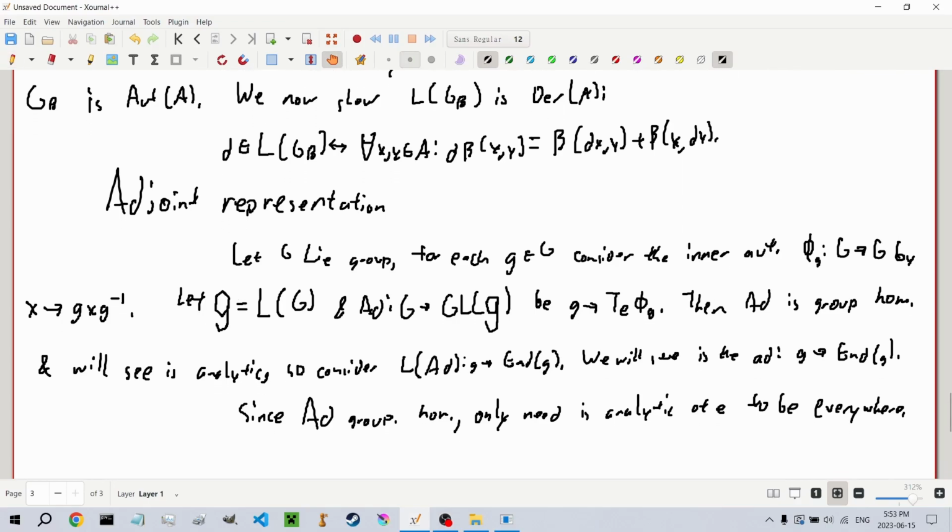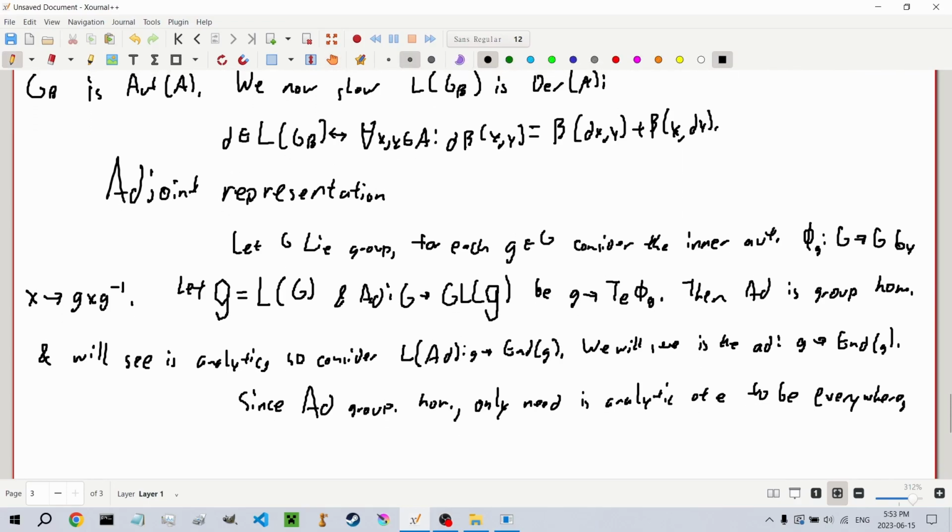So we will compute it in a neighborhood of E in local coordinates.